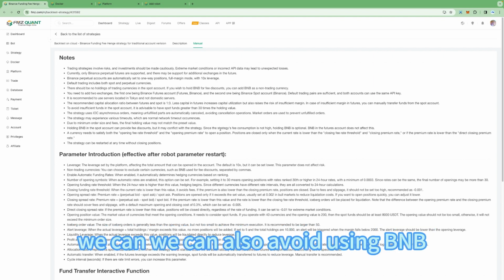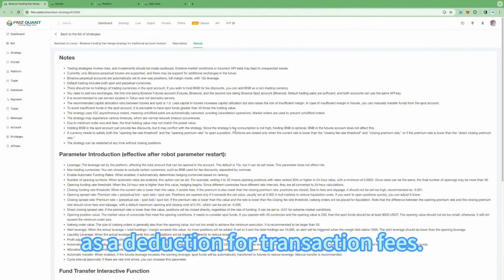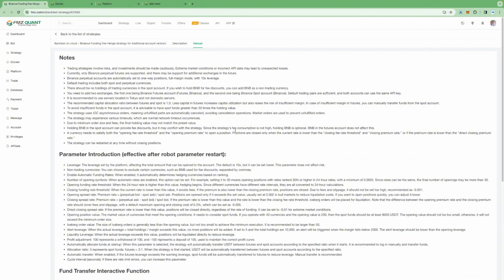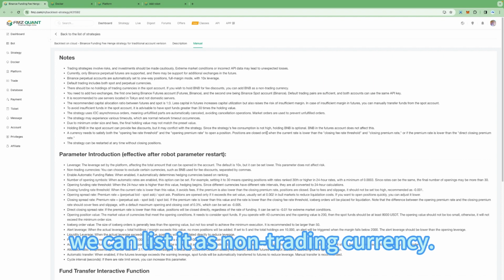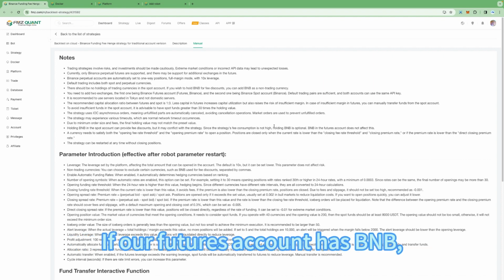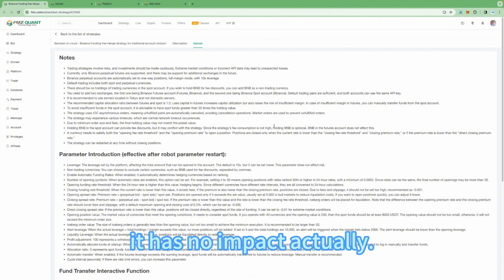We can also avoid using BNB as a deduction for transaction fees. If we need to use BNB for deduction, we can list it as non-trading currency. If our futures account has BNB, it has no impact actually.